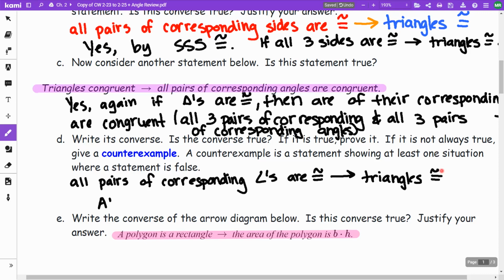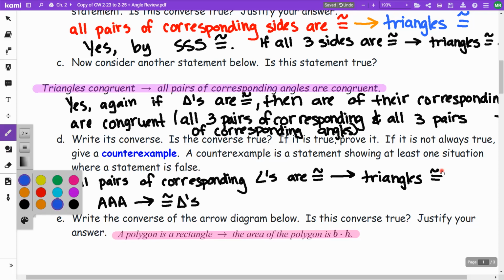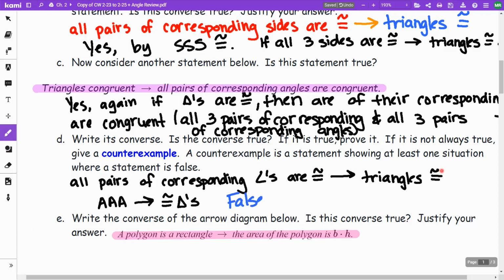So does angle, angle, angle lead to congruent triangles? That's kind of what we want to know. And we learned that that is not true. So this is false. Angle, angle, angle leads to similar triangles, but not necessarily congruent triangles.